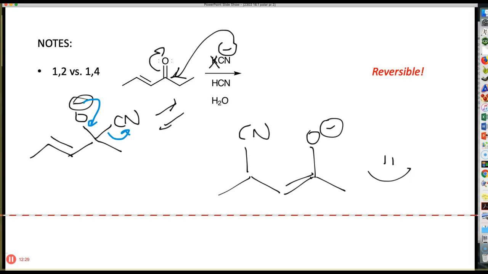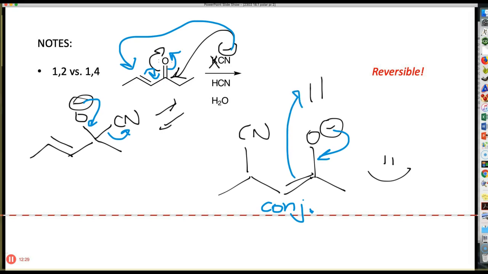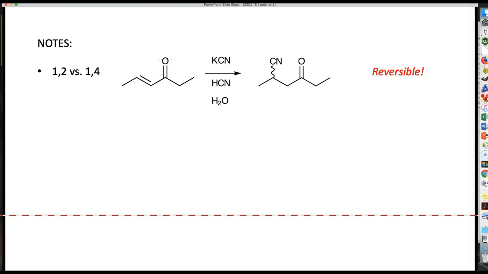So because the cyano group adds reversibly, and we can go back and forth, attacking directly at the carbonyl carbon or in a conjugate fashion to give this guy, ultimately we see that, well, basically, the cyanide group adds 1,4, or conjugate addition.